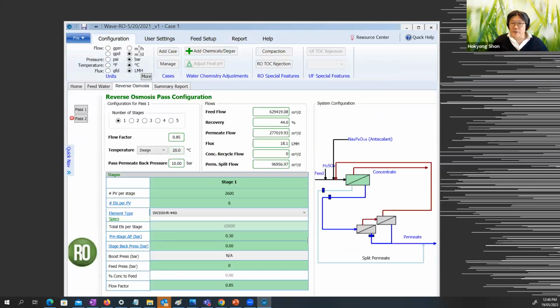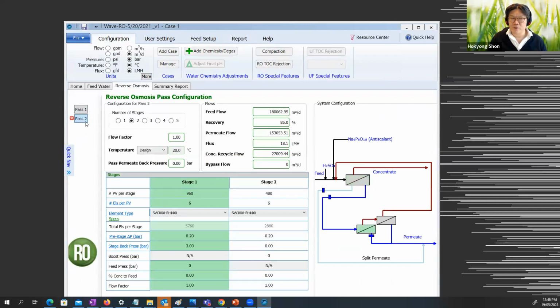So I think, Dinesh, what you have to do is, you have a lower number of pressure vessels. So you need to change based on your flow rate, as well as your second pass, because you also have too low a value for your stage 1 and 2. So you need to change from this example.